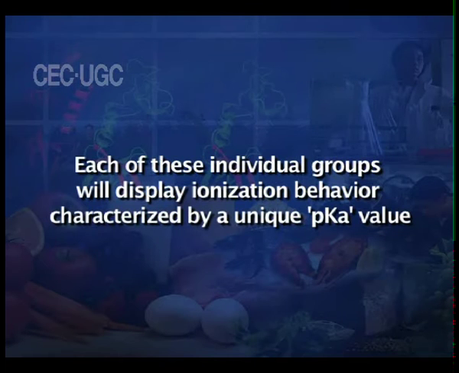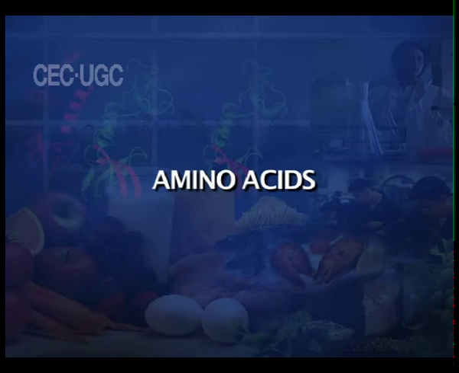Each of these individual groups will display ionization behavior characterized by what is called a unique pKa value. The ionization behavior of a protein is a complex of each of these amino acids that are located within the protein. The situation is complicated in proteins because the pKa value of any ionizable group is very sensitive to its environment in the protein.